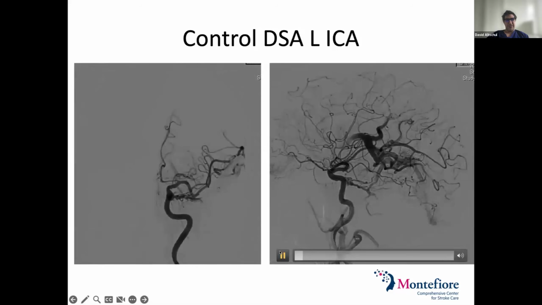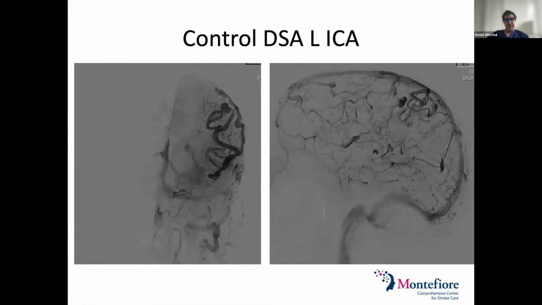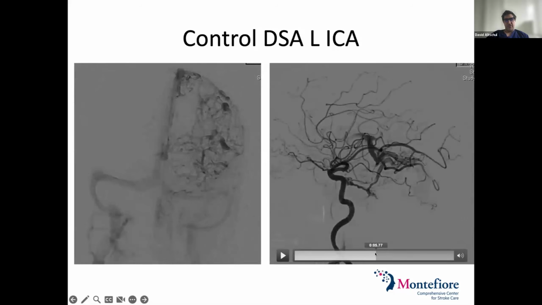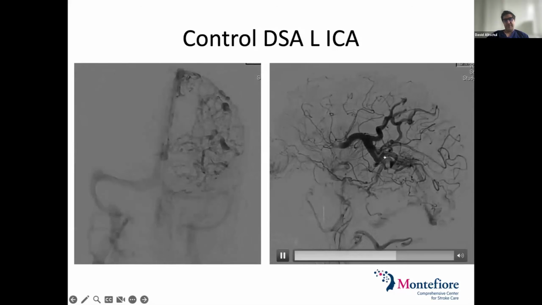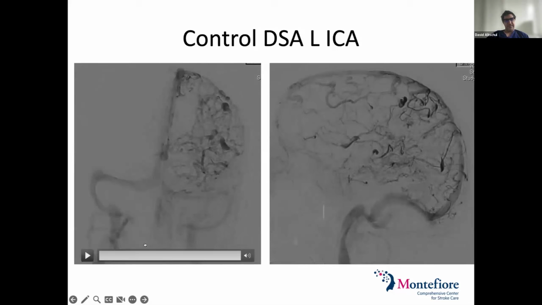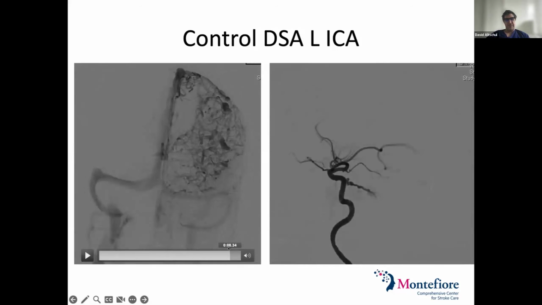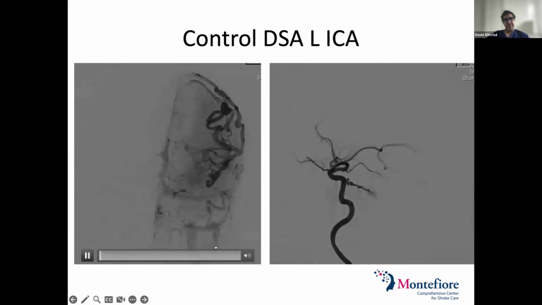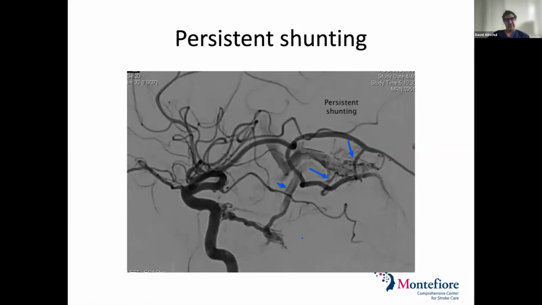But you can see on the ICA here that we were still getting inflow into the more proximal vein, and still having pretty significant cortical venous reflux. If we look closer at where this was connecting, it was in a very cortical portion of the vein where I had gotten some Onyx penetration, but not complete.